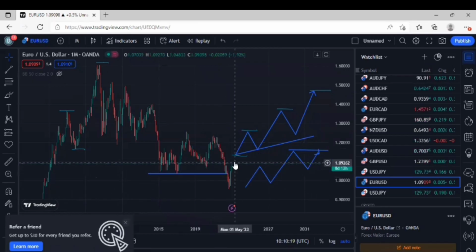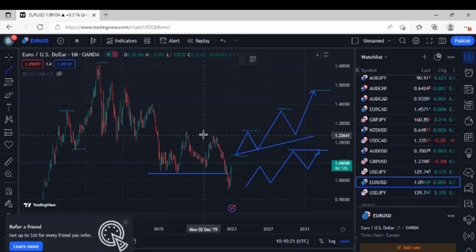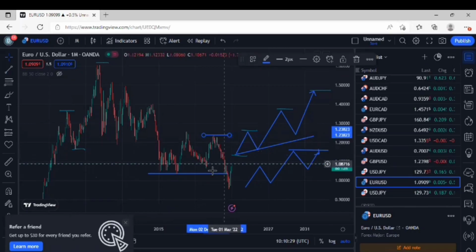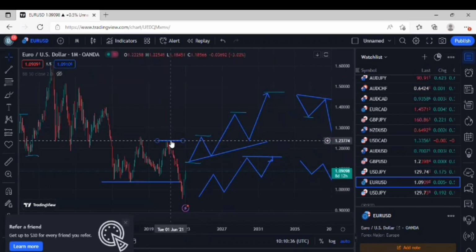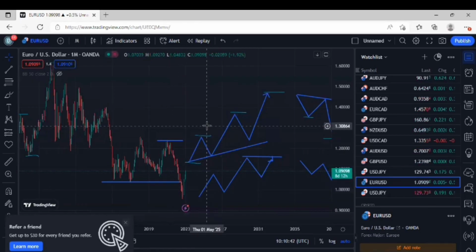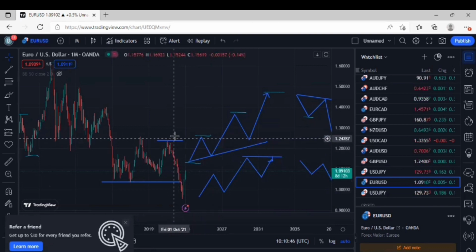What the market is doing now is retracement. Until it breaks this structure we have here, we are not yet in an uptrend. So far the market has not broken this. Unless the market breaks this structure, that is when we say, okay, we are resuming an uptrend. But so far, the market has not broken this one.